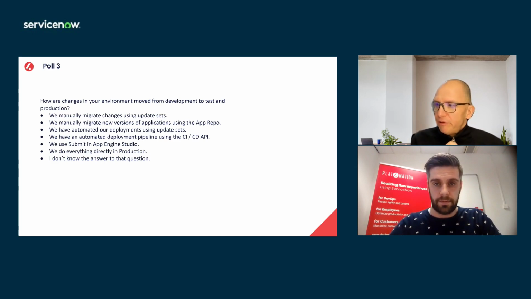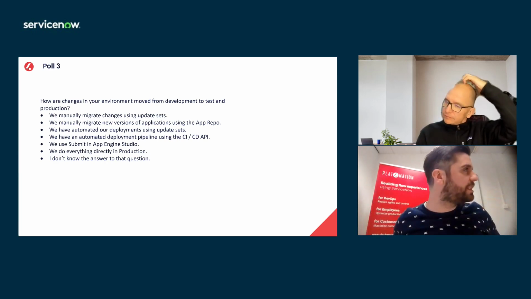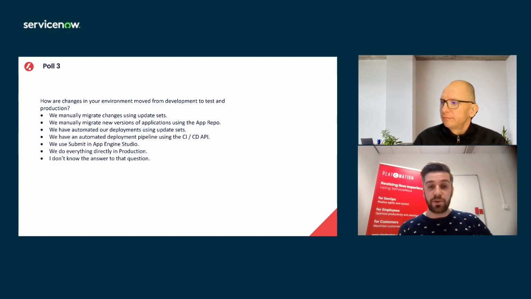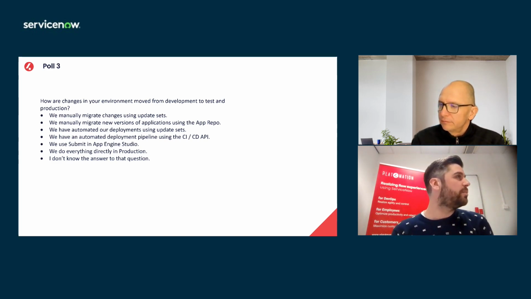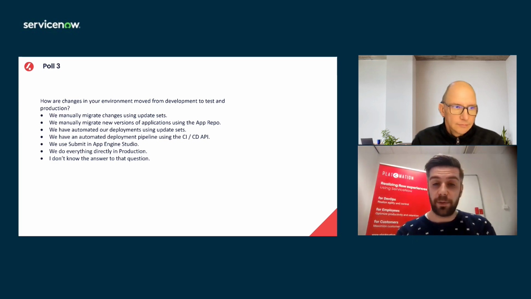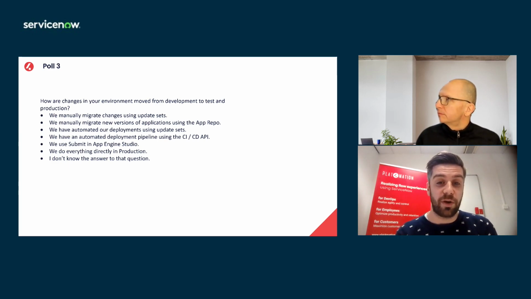And I think you have experience with that, Guus, or Platformation has experience with that. Yeah, exactly. And I think what we see as a best practice when it comes to making changes to, for example, an existing module, is this: of course it's possible to use update sets, but when it comes to automating deployments in a CI/CD manner, what we see works best for customers is to use the concept of global apps. This is very similar to the scoped app.